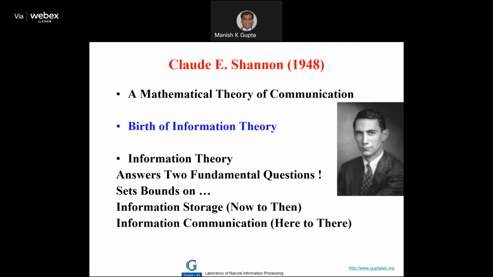Information theory answers fundamental questions, or rather sets bounds on information storage, how much information we can store in a given place, and on information communication, how much we can communicate. These are the two very basic bounds. Basically, information theory is a branch which studies how much.